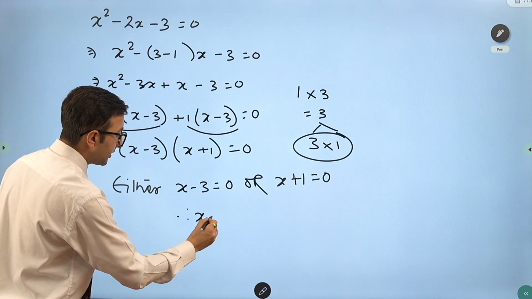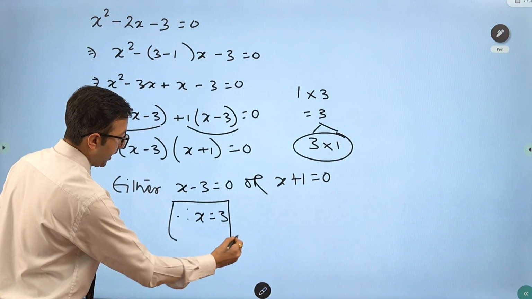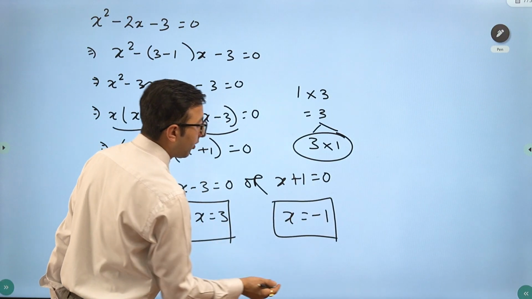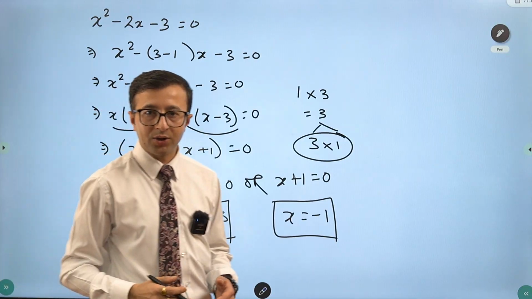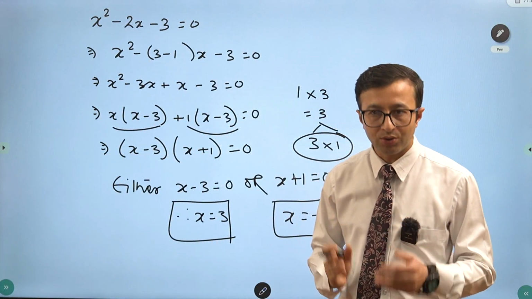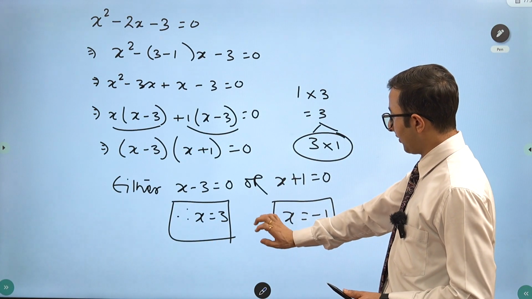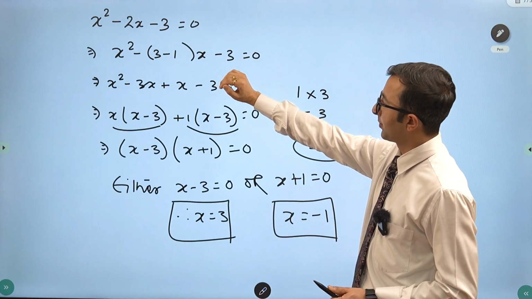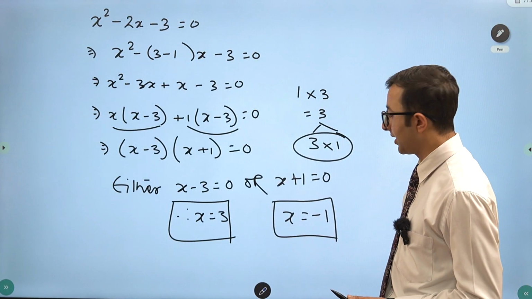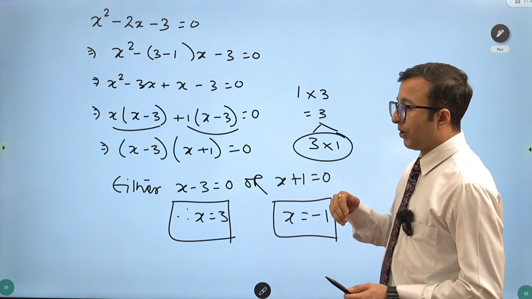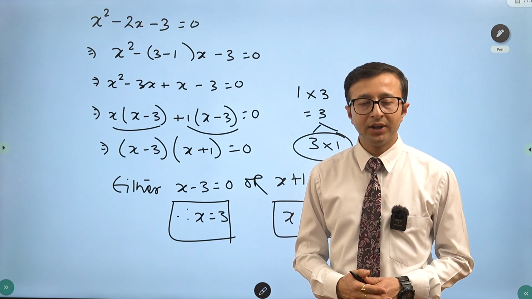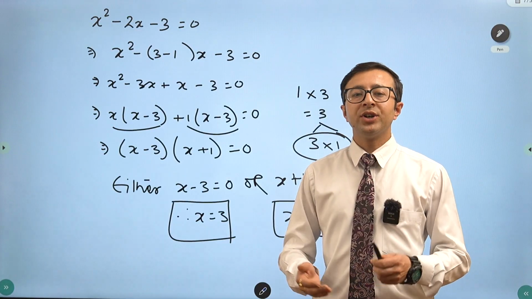From here you can see that the value of x is 3, and from here the value of x is minus 1. So it also verifies that the quadratic equation has exactly two roots. Here the quadratic equation x square minus 2x minus 3 has two roots, that is 3 and minus 1.